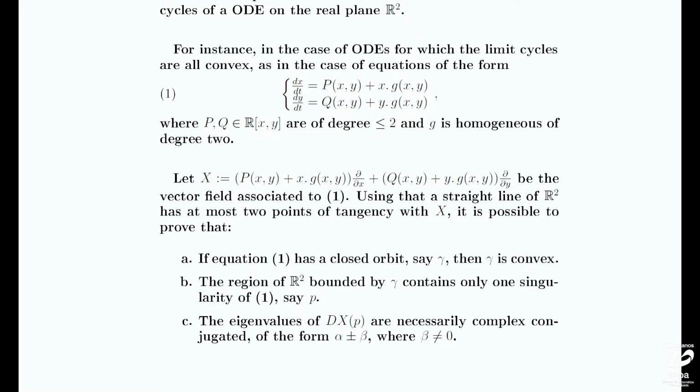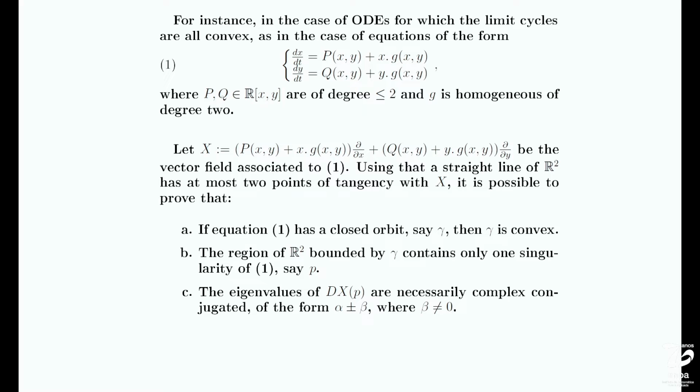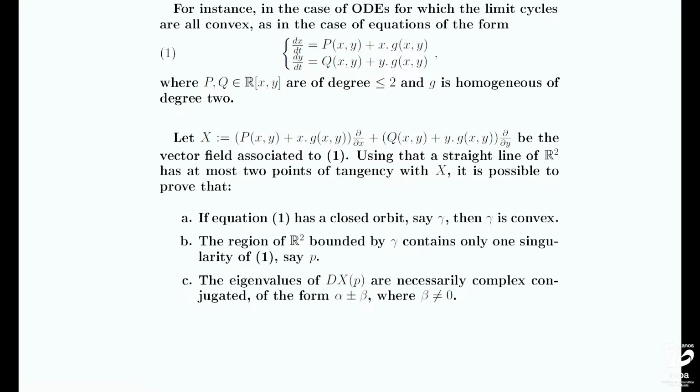So you can prove, using this, that if the equation has a closed orbit, then it is convex. The region of R2 bounded by the closed orbit contains just one singularity, and the eigenvalues of the derivative are complex, not real, okay?